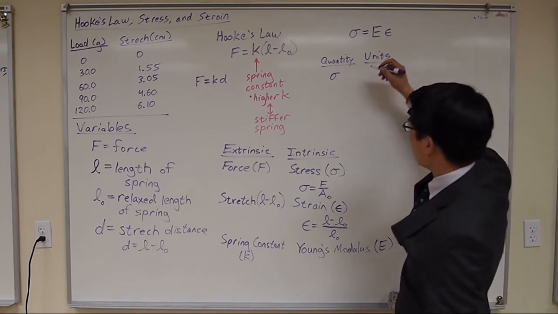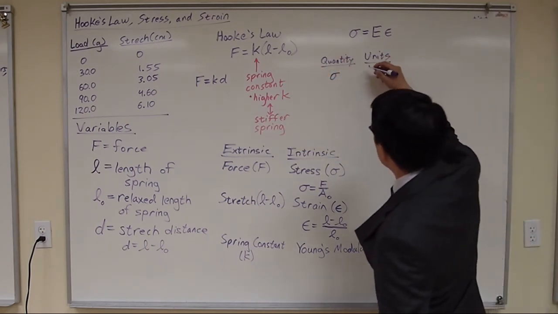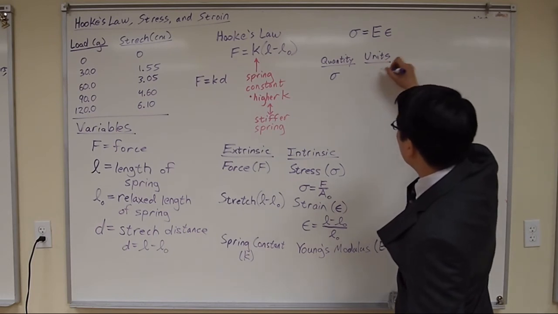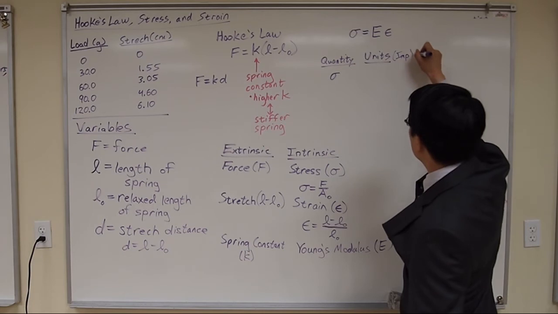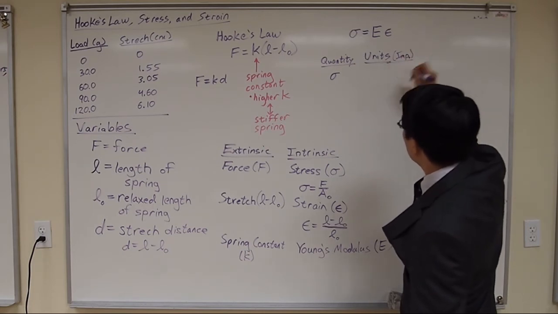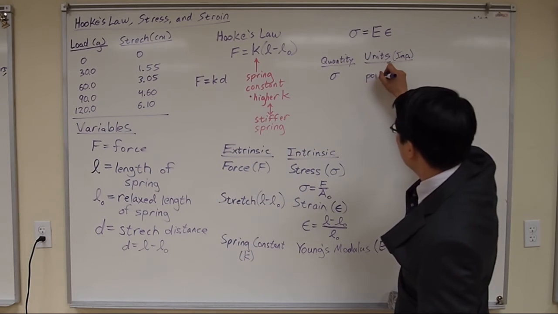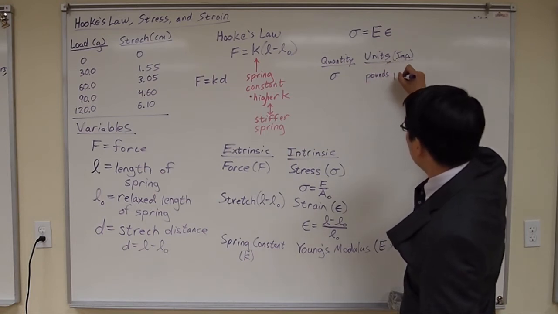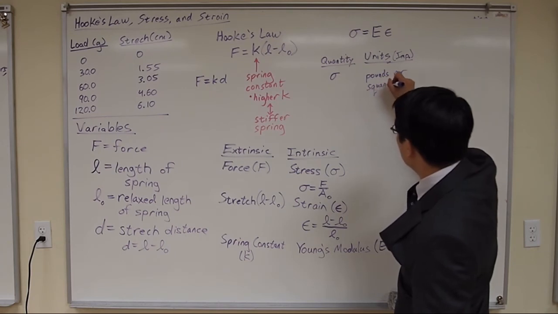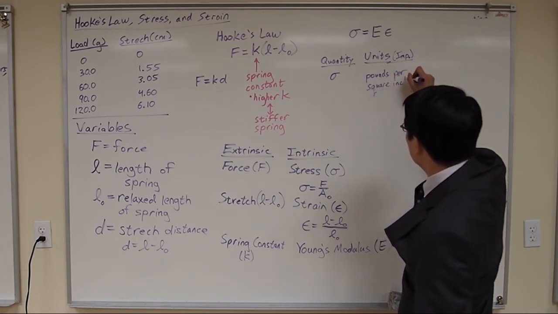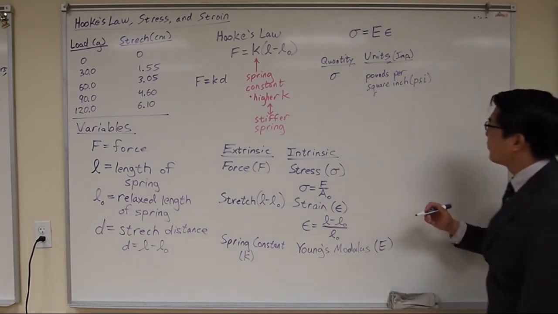Because of that last little stubborn country, we have to deal with 2 different unit systems. So the imperial units are pounds per square inch, otherwise known as PSI.